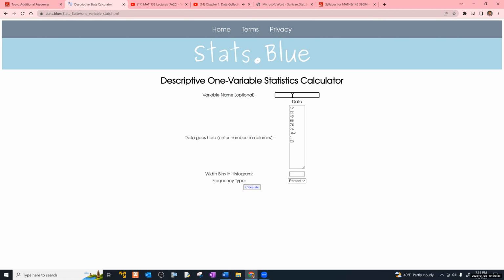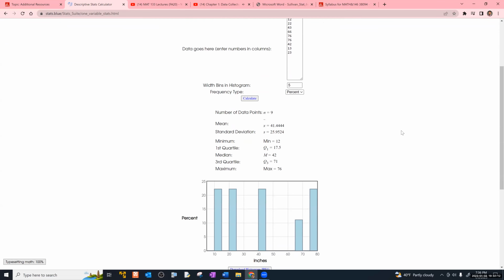I label the numbers, I'll call it inches. I can hit calculate. Oh, I got to enter a bin. I'll enter 5. I should change this value. I'll get this 3. Hit calculate.